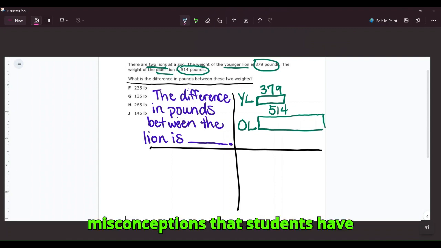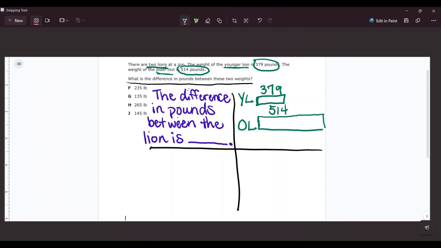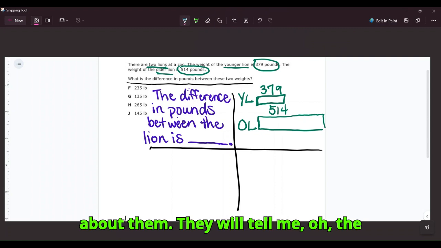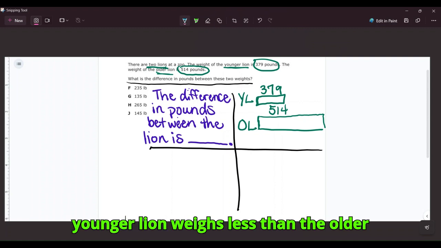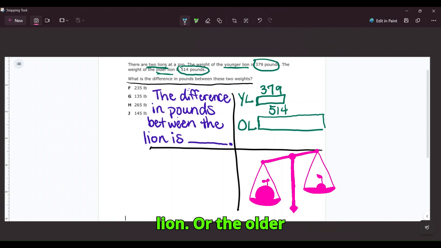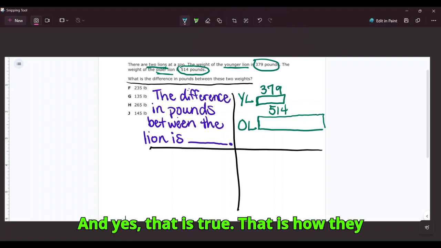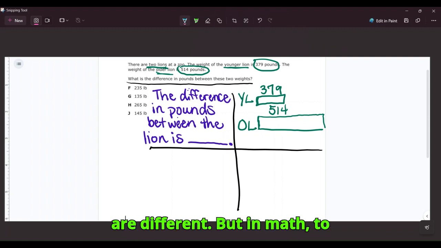One of the big misconceptions that students have with finding the difference is they want to explain what is different about them. They will tell me, oh, the younger lion weighs less than the older lion, or the older lion weighs more than the younger lion. And yes, that is true. That is how they are different.